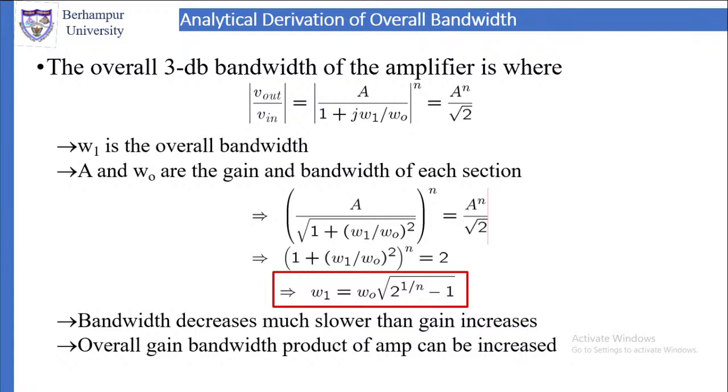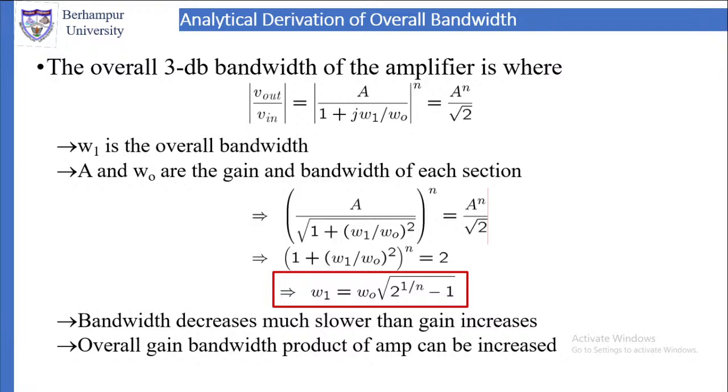A and omega 0 are the gain and bandwidth of each section. So A divided by root of 1 plus omega 1 by omega 0 whole squared, to the power n, is equal to A^n by root 2, because A and omega 0 are the gain and bandwidth of each section.